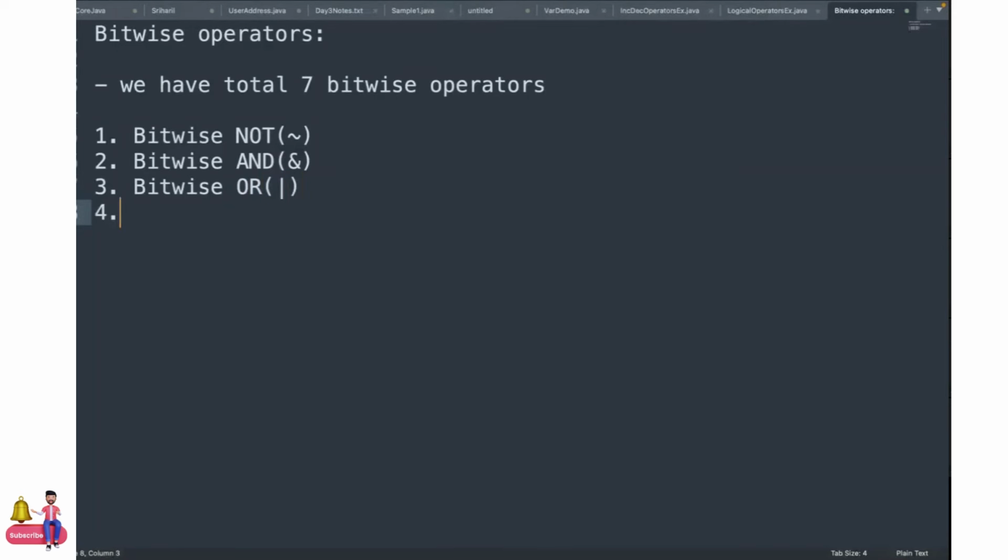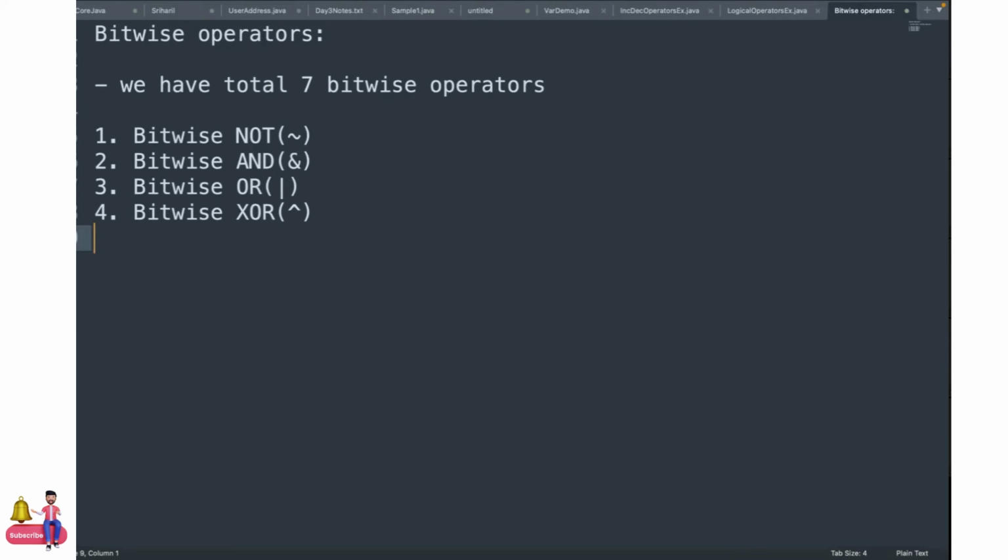And fourthly, we have bitwise XOR, represented with the same symbol as we used for the logical operators. All are going to be the same, but the difference between the bitwise and logical operators is that logical operators take Boolean types, whereas bitwise operators always take numeric values only.